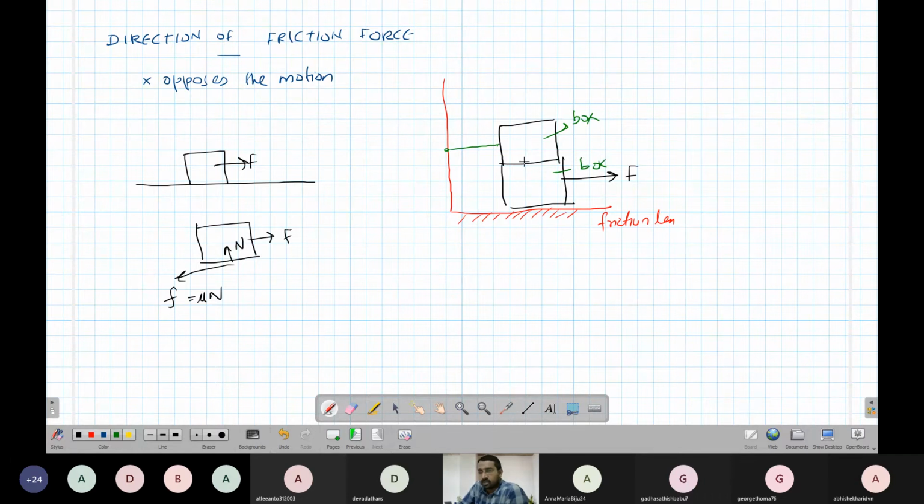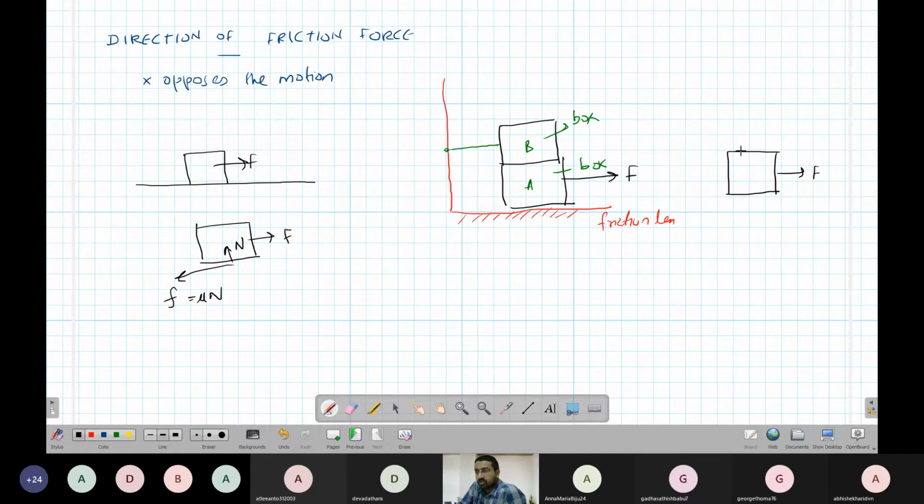Let's try to find it for this box. Box A is number one. If I draw the first box, this is A, this is B. It is trying to move in that direction. This side surface is frictionless, so there is no friction force here.